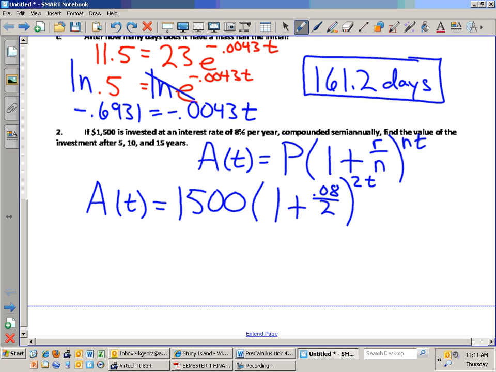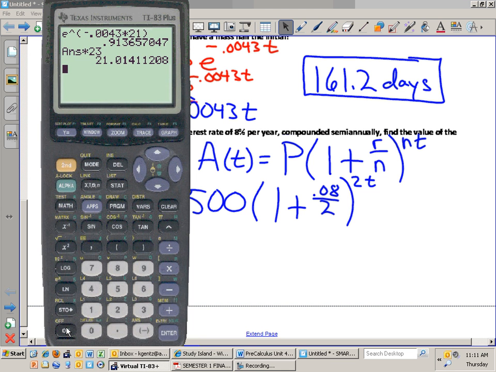Now you could do that each time, or we could just plug it into our calculator, into the function spot. And once we do that, we could go to our table and figure out what the values are. So if I go to y equals and I type in 1,500 times parentheses 1 plus what? 0.08 divided by 2 is 0.04, right? So 0.04 to the parentheses 2x.